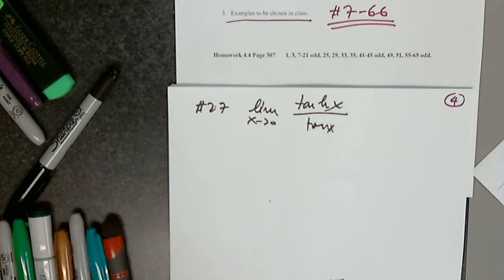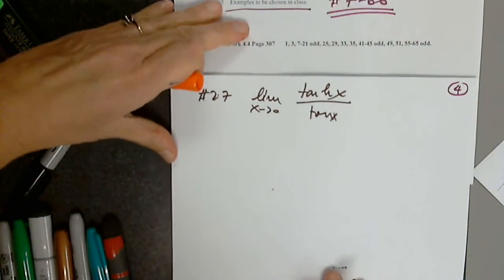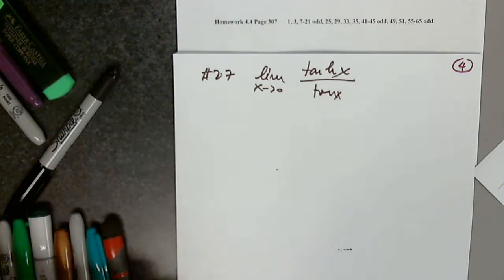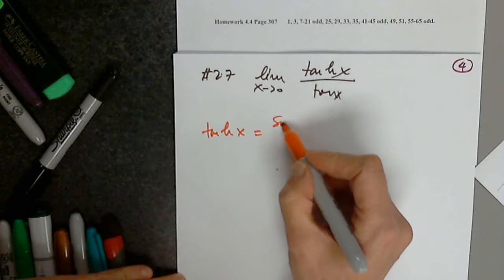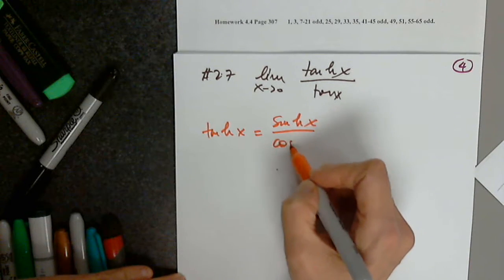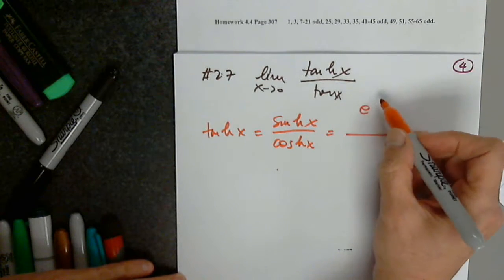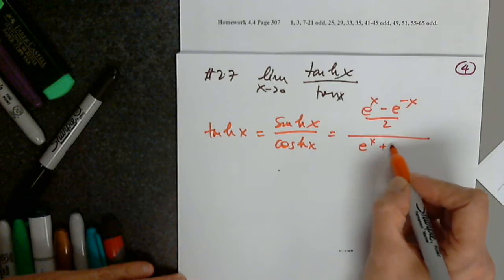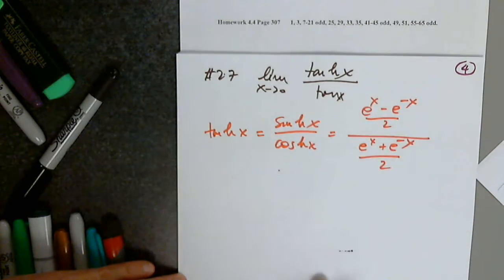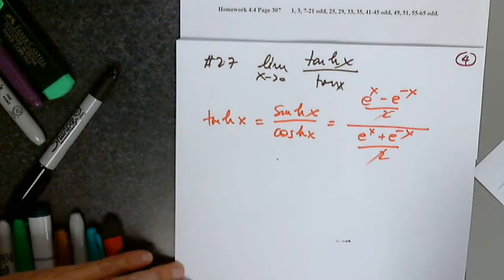When I'm asked to find a limit, what is the first step? I have to plug it in. So then I have hyperbolic tangent. Let's say we don't remember what it is. Hyperbolic tangent, if you remember, is hyperbolic sine over hyperbolic cosine. And we have to remember that this is e to the x minus e to negative x over 2, and e to the x plus e to negative x over 2. These we have to remember. And I simplify when I flip.